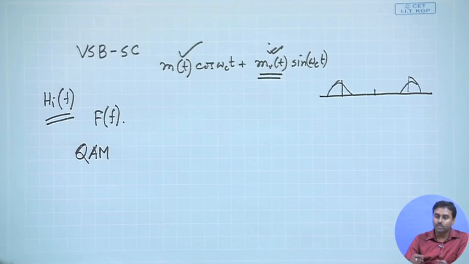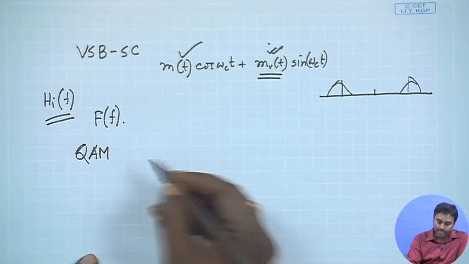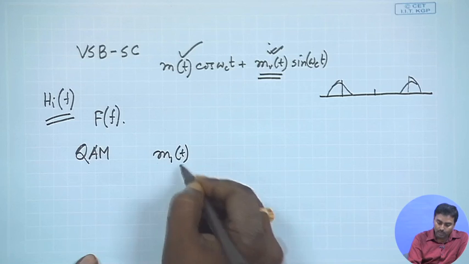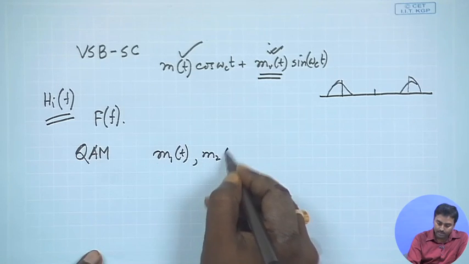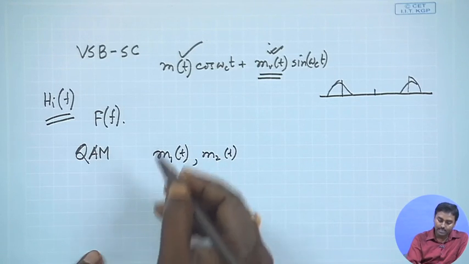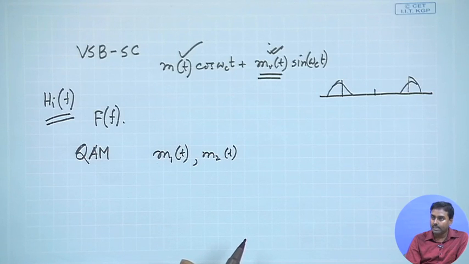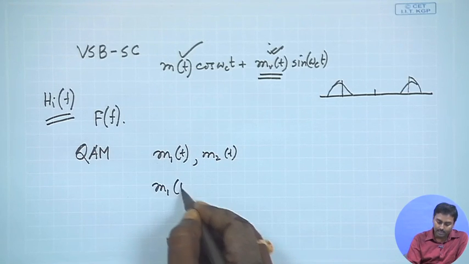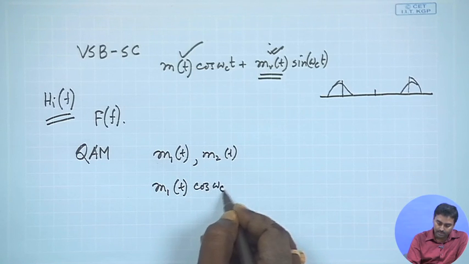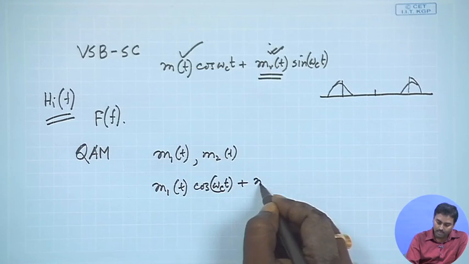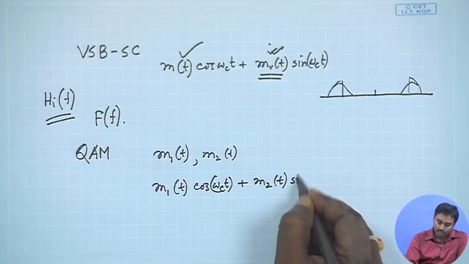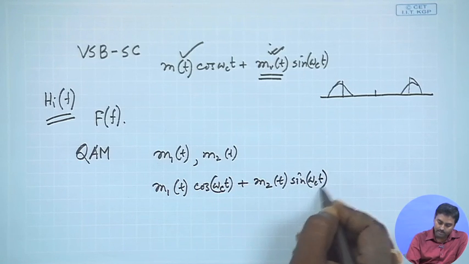Then we have talked about QAM, which actually takes the entire band, but it represents two signals. Basically, if we have message signals m1(t) and m2(t), then we can put m1(t) in the in phase term and m2(t) in the quadrature term. So, I can just write m1(t) cos omega c t plus m2(t) sin omega c t. So, that is in a nutshell.